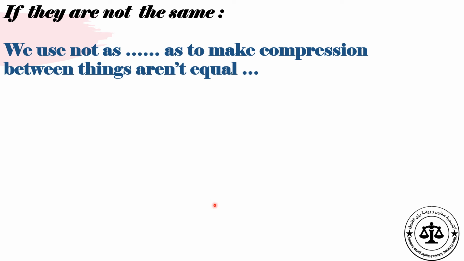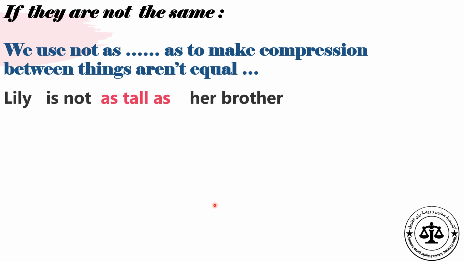Okay, what if they are not the same and we want to use as? What is the form of it? Look at this example. Lily is not as tall as her brother. I mean Lily does not have the same height as her brother. They don't have the same height. So we negate the sentence by adding not with the helping verb.